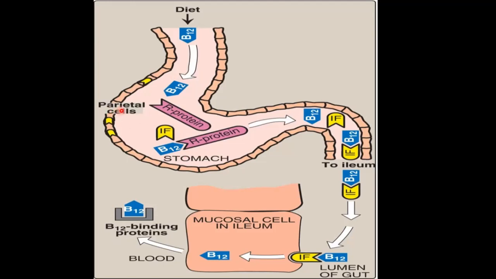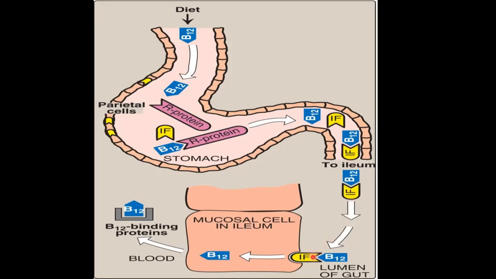Then you can see the parietal cells, which are also producing the intrinsic factor. Then once in the duodenum, this complex is degraded so as to free the B12 by the pancreatic proteases. Then once B12 is freed in the duodenum, it will immediately bind to the intrinsic factor.